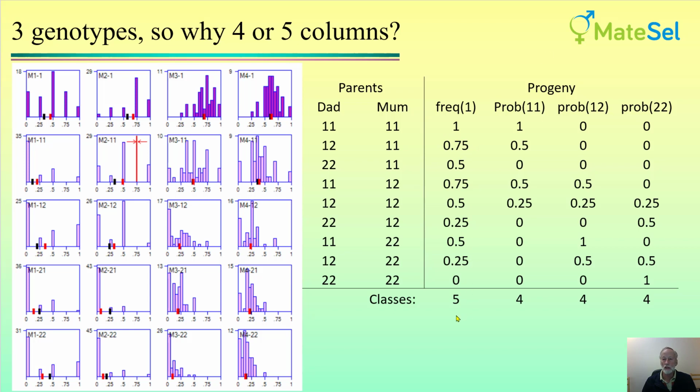And when we look at this, we can see we have potentially 5 different levels of allele frequency and 4 different levels of genotypic frequency. We can't have 0.75, and I've tried to get it here, but it doesn't exist. And you can consider this table and you'll see that a 0.75 cannot be had here. So that's why we get a number of columns greater than 3 in our output.